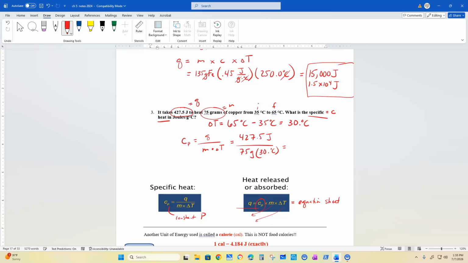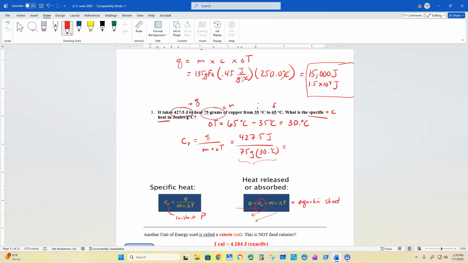Okay. So notice none of the units cancel. And it doesn't cancel, okay, because remember, we're looking for a specific heat. So to plug this in, some people like to multiply the bottom and then take 427 and divide that. Nothing wrong with that. Okay. I like to hit 427.5 and then hit divide 75.